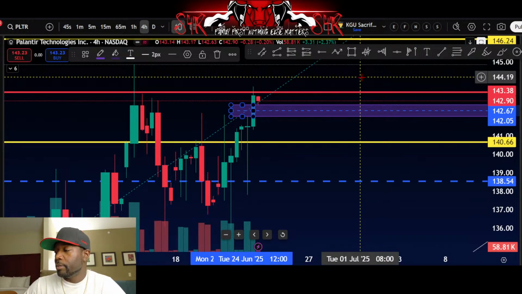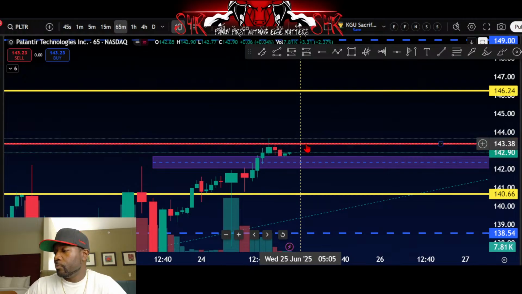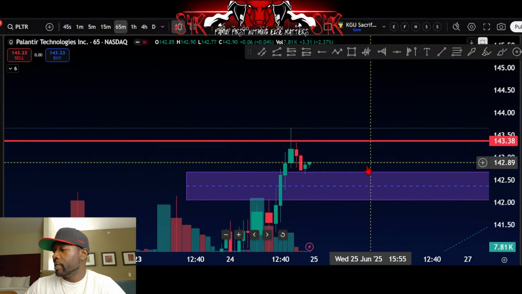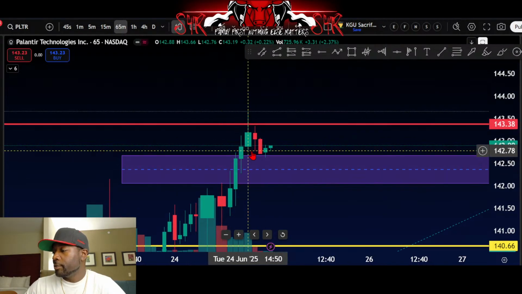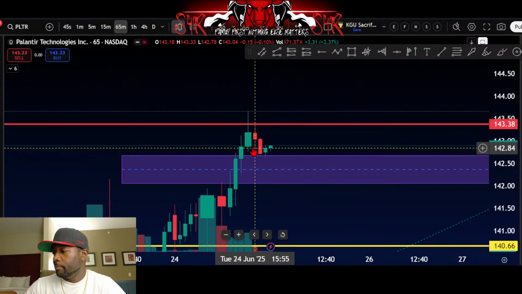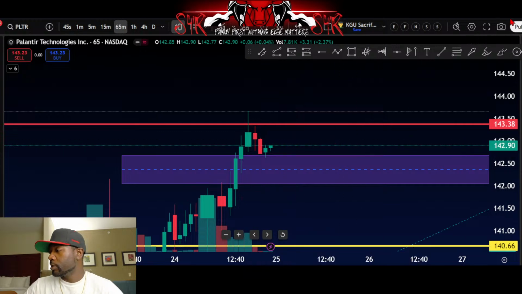If we break above 143.38 and actually find support, then we're looking bullish. I'm zooming in on the 65 minutes so you can see how price is reacting to the 4-hour imbalance, and it looks like it's ready to go back up. So we will see. I'll share the chart with you that I just made.